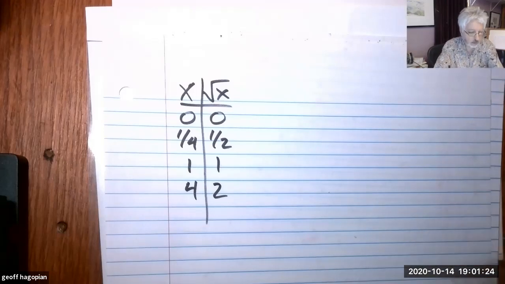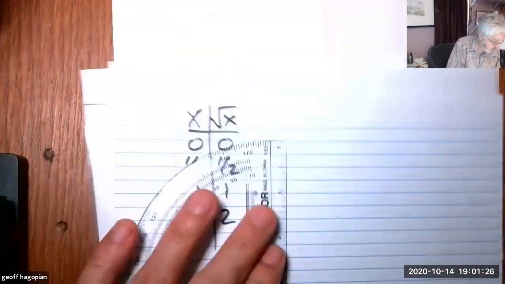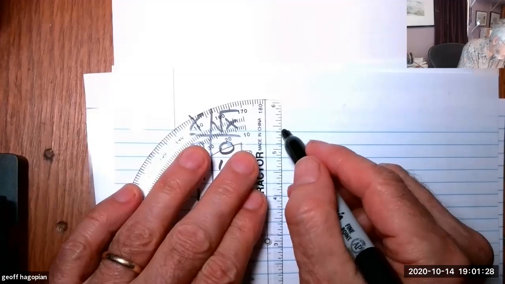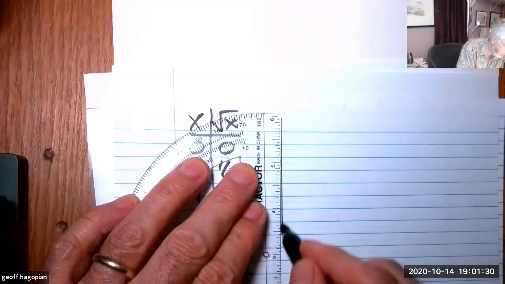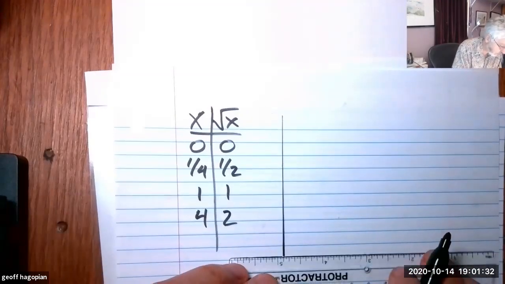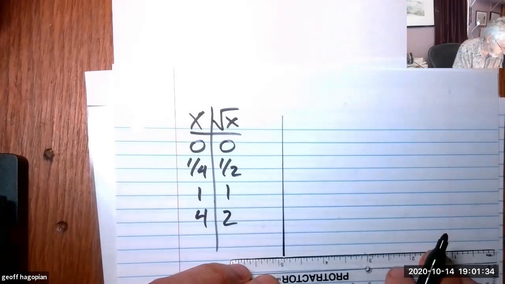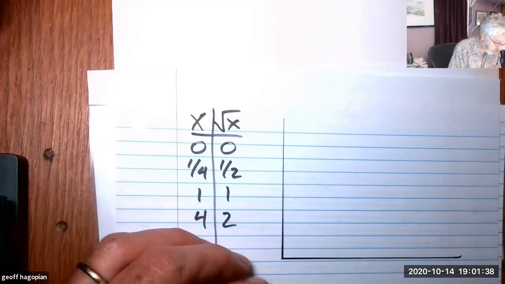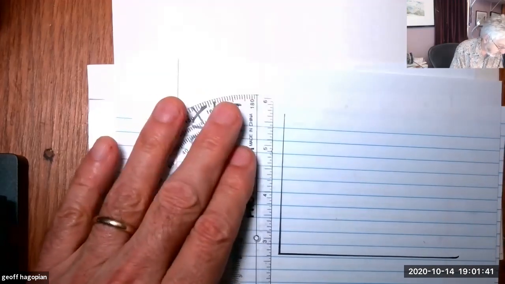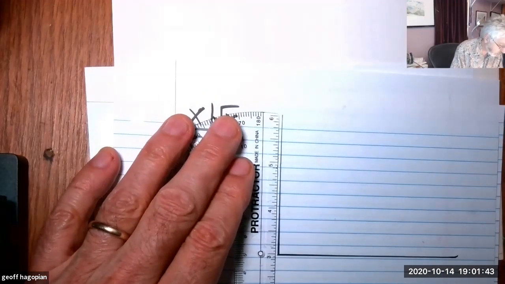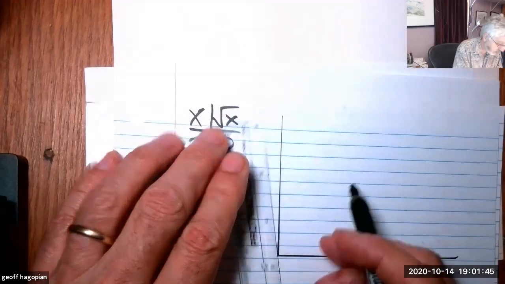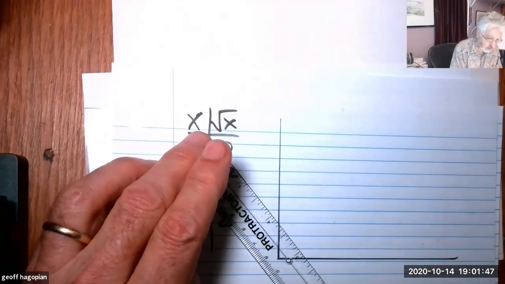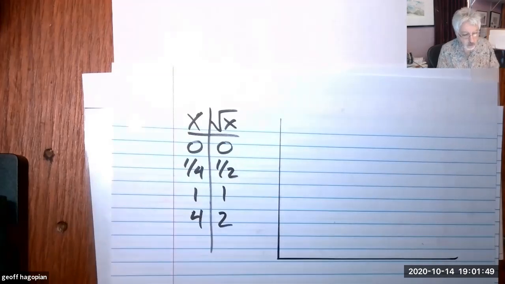Make my graph like so. And I'm going to use the same scale on both axes, right? Remember we said that was important to see the symmetry properly. So what scale? Well, I want to get up to 4, right? If I use inches, that's going to be a problem. Can I use centimeters instead?